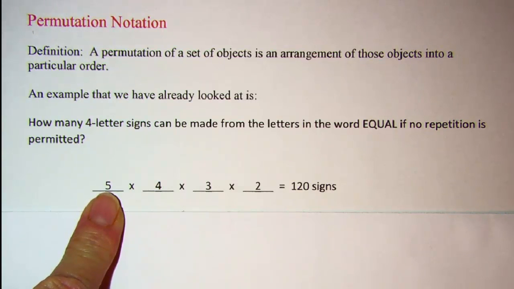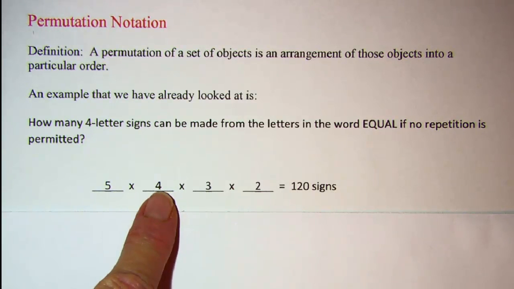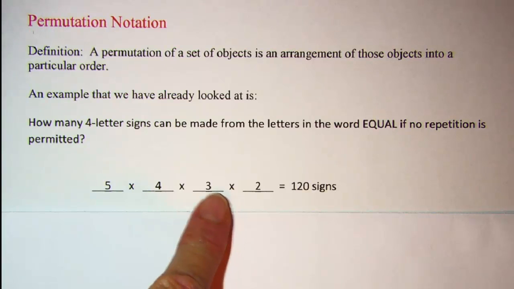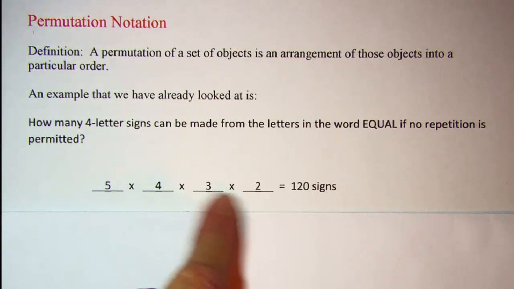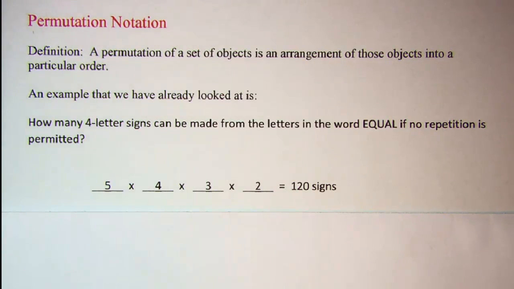And then once I picked a letter, then since no repetition is permitted, I only had 4 ways to pick the next one, only 3 ways to pick the next letter, and then 2 ways to pick the next letter. So I have 120 ways, or 120 four-letter signs can be made from the letters in the word equal. So this is called a permutation.